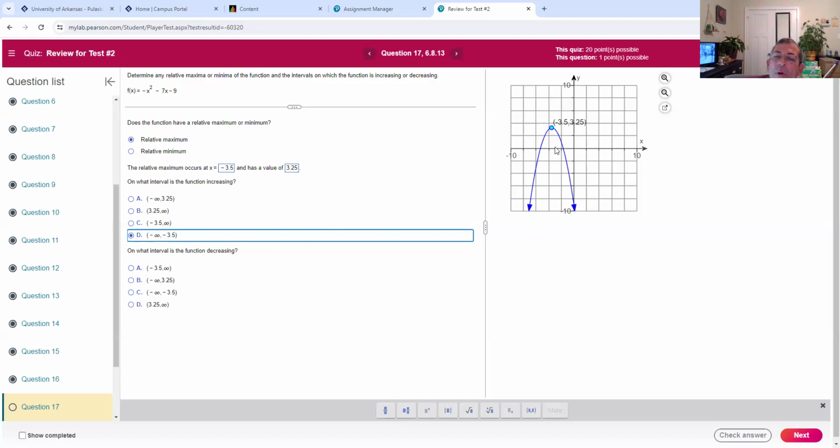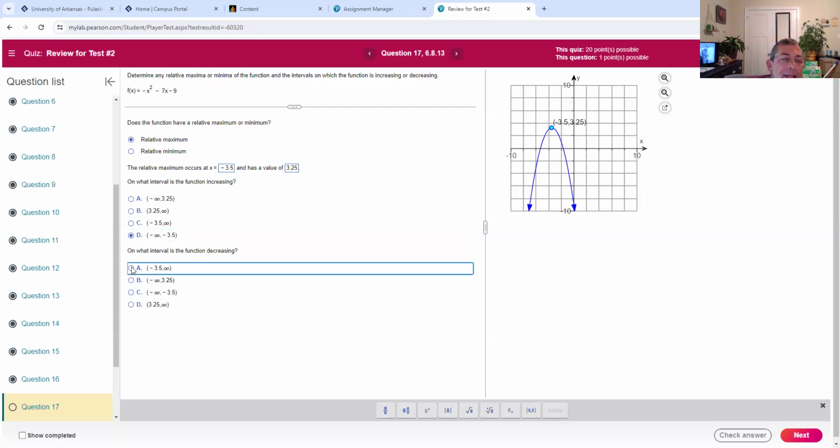Yeah, from negative 3.5 towards infinity, it is actually decreasing. Y'all, like I said, on this one, ignore any Y values on these intervals of increase and decreasing. Only focus on your X's, okay? And y'all think that's all they wanted on that, and so we hit next.